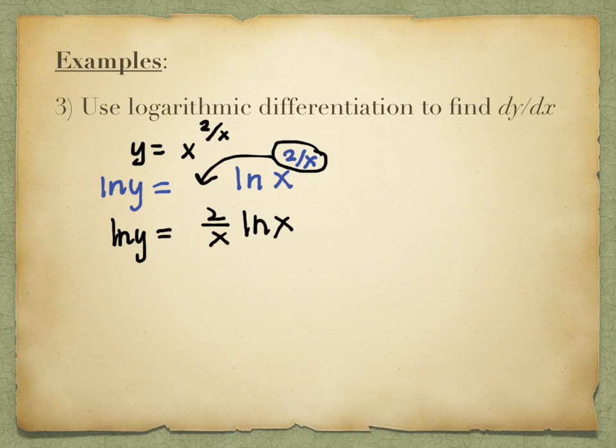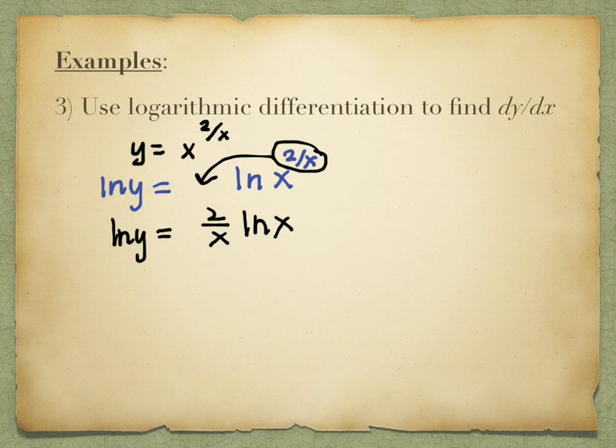Now, I do not have a variable in an exponent and a variable in the base. I still have two variables, but how are these two variables interacting? What kind of property or rule can I use on the right-hand side now? Product rule or quotient rule, depending on how you look at that, right?